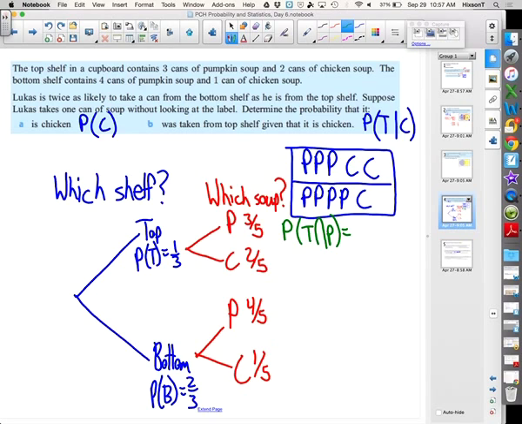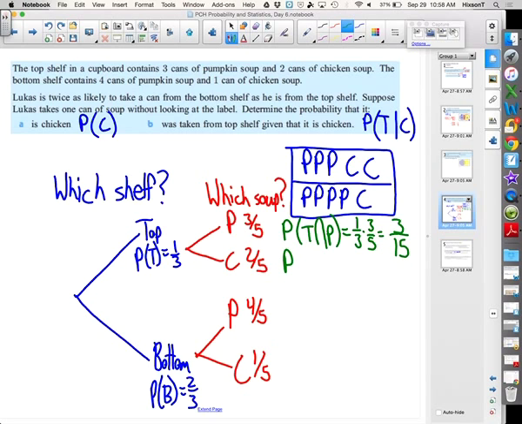This is how many ways, 1 out of 3 ways that we could pick the top shelf, and then 3 out of 5 ways we could pick the can of pumpkin. So 1/3 times 3/5 is going to be 3/15 or 1/5. Okay? If we're giving a final answer, we'd reduce, but you'll see in a sec why I didn't.